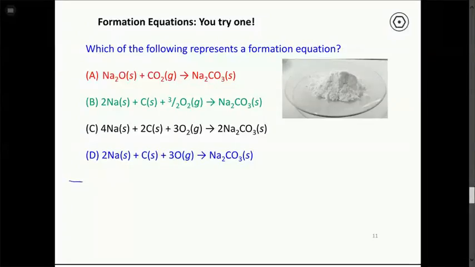All right, so when we're thinking about formation equations, the two things we want to look for are, on the reaction side, we should only have elements in the standard state. They have to be in their standard states.